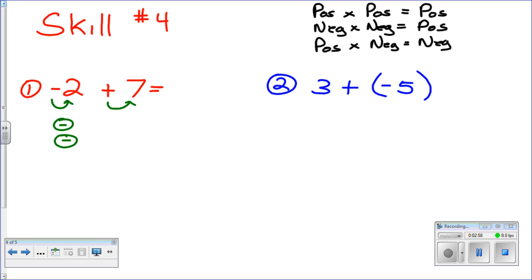I would do the integer positive 7 as 7 positive circles. So there's 1, 2, 3, 4, 5, 6, 7. And if I was to put this together, I got to draw my little signs in there. So positive, positive, positive, positive. That's my picture representation of a positive 7.